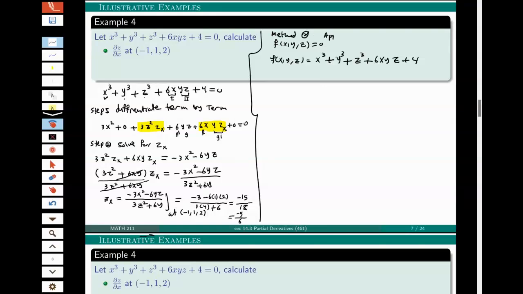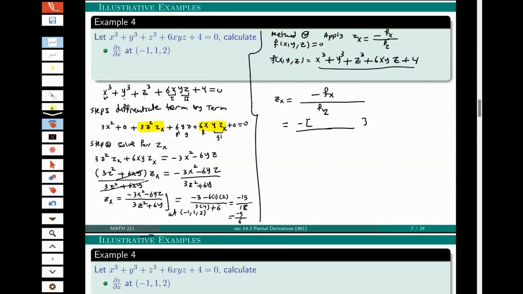We apply the theorem: z sub x will be minus f sub x divided by f sub z. So applying this theorem, that will be negative.